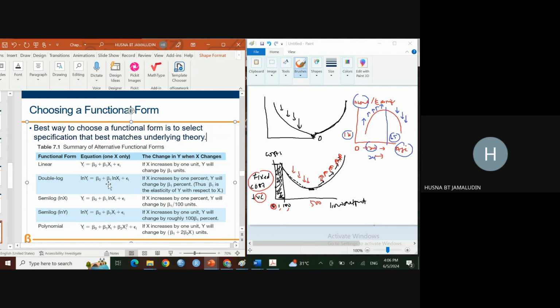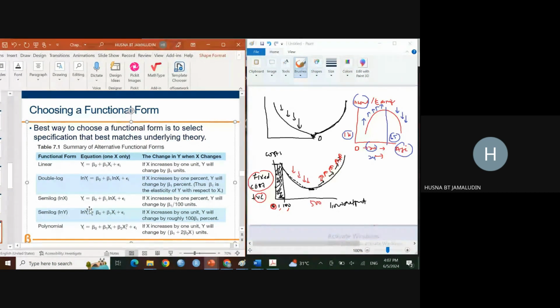If let's say your beta 1 is 2.5, and in this case it's positive, y will increase by 2.5%. Just put the percentage because this is log. Because both are log, it's the elasticity of y with respect to x.